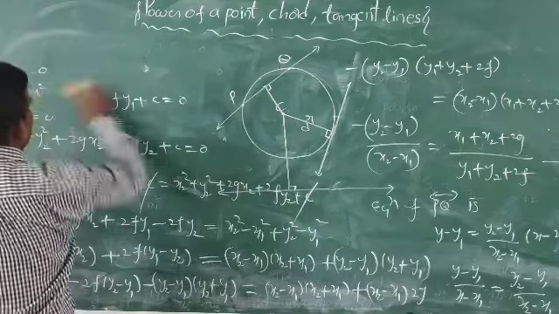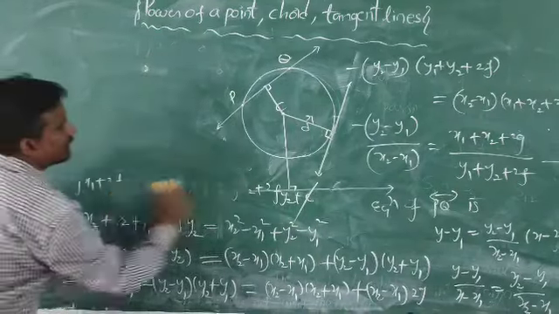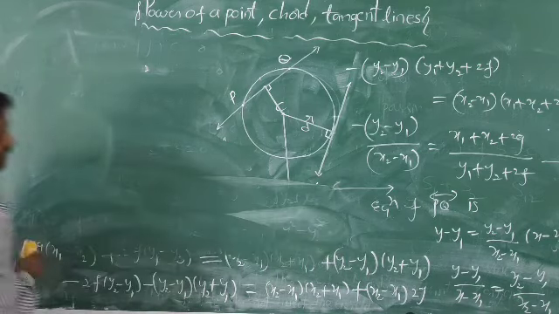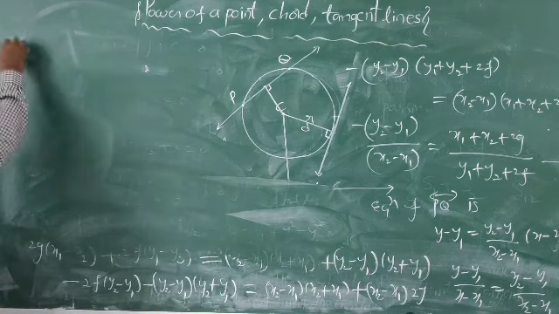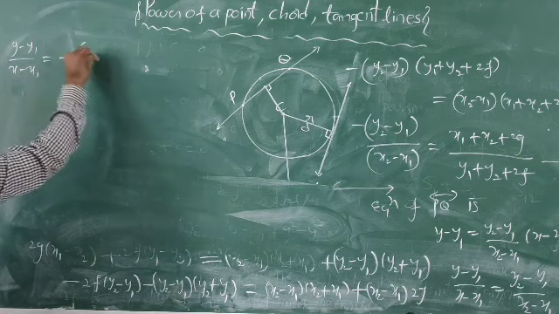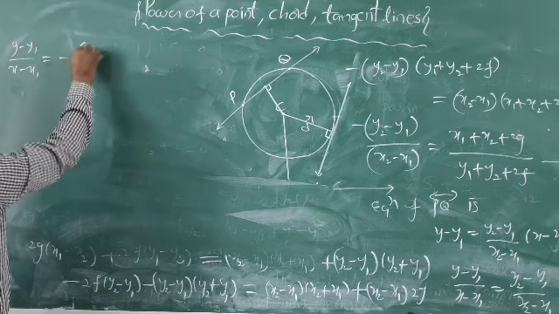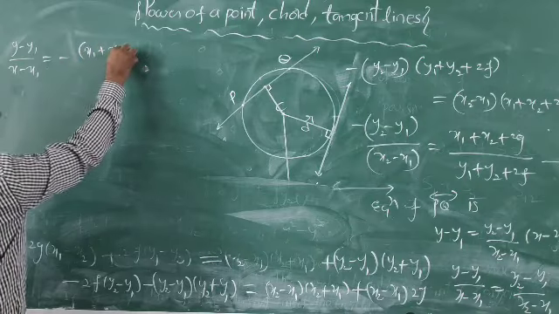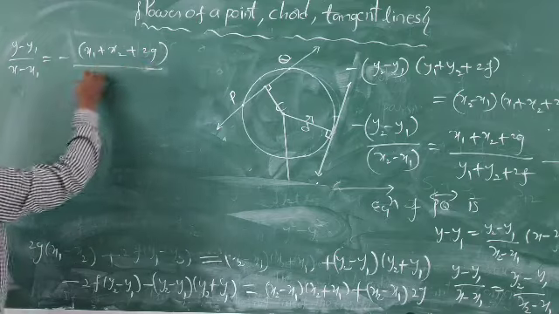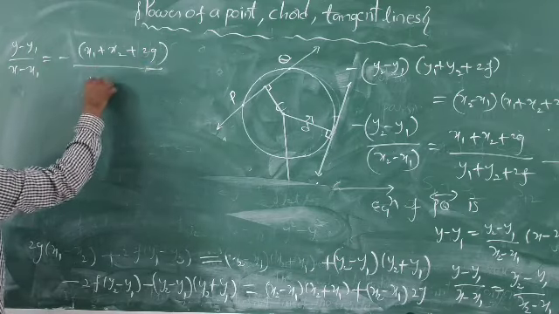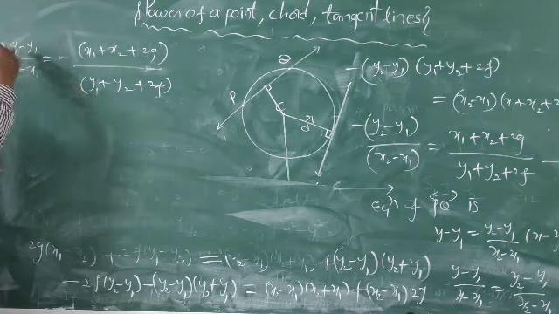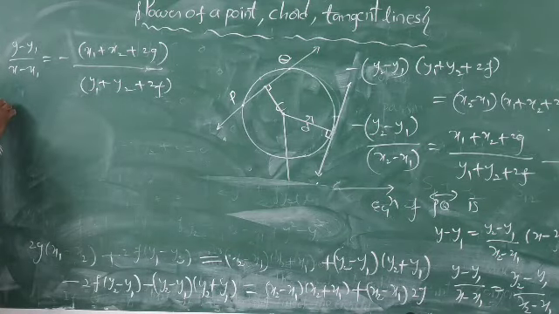Finally we get y minus y1 by x minus x1 equal to minus of x1 plus x2 plus 2g by y1 plus y2 plus 2f, and make the cross multiplication, simplify it.